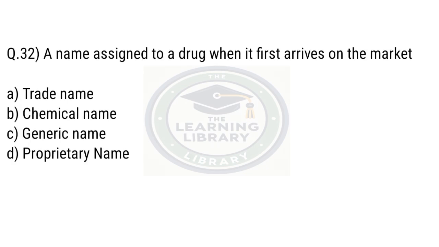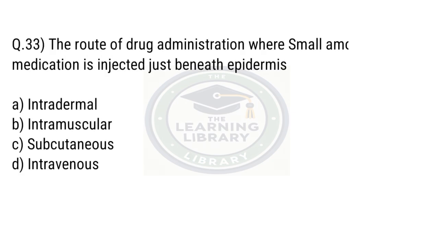Question number 32. A name is assigned to a drug when it first arrives on the market. The right answer is option C, generic name. Question number 33. The route of drug administration where small amount of medication is injected just beneath epidermis. The right answer is option A, intradermal.